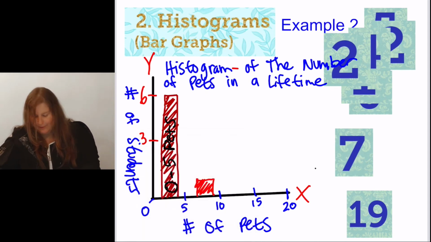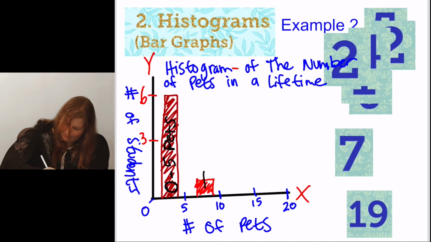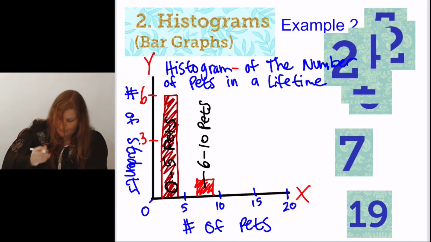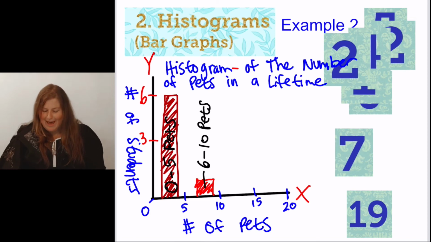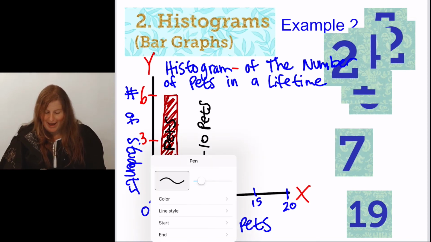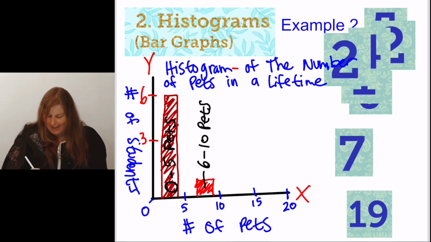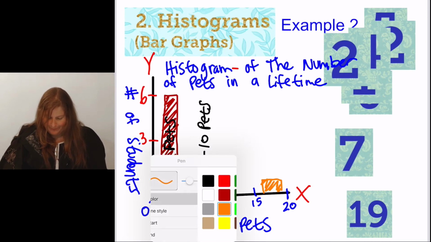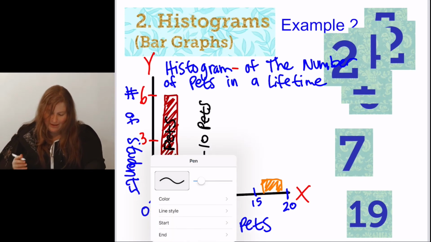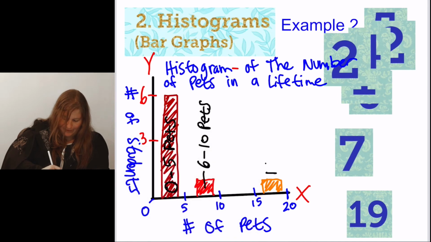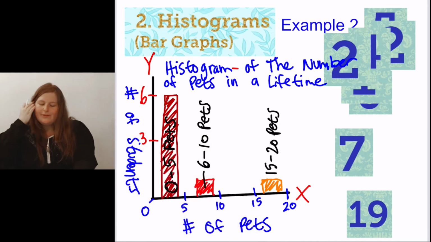And this again represents 6 to 10 pets. Between 10 and 15 pets, we actually had no people at all. And then our last category, between 15 and 20 pets, again, we had one person that had 15 to 20 pets in their lifetime.